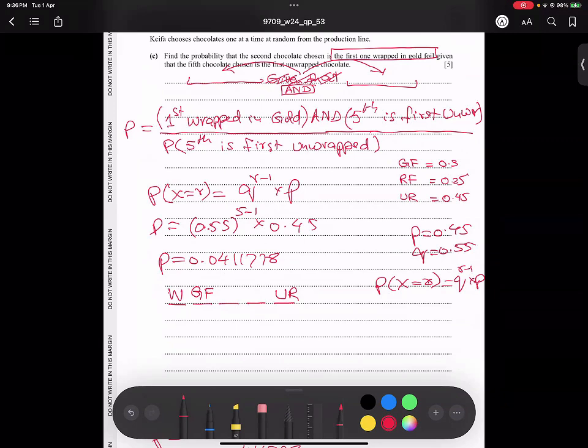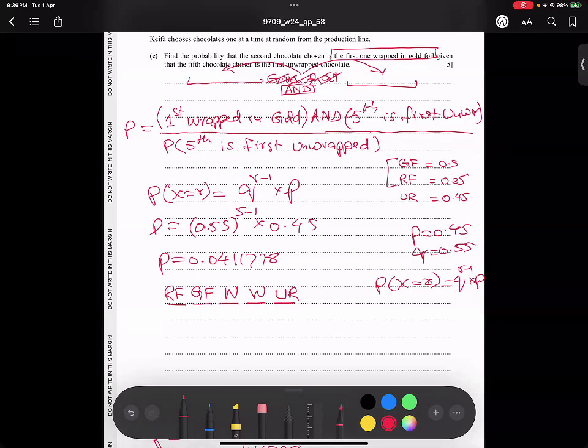Wrap, you can say red foil, if you are making it easy to understand. Second gold foil, and now I take a wrapping, W. You may ask why I write W. W stands for wrap, because both together are called wrap. One is gold and one is red.